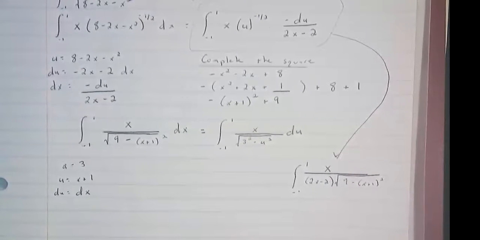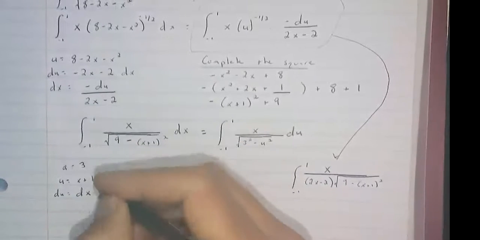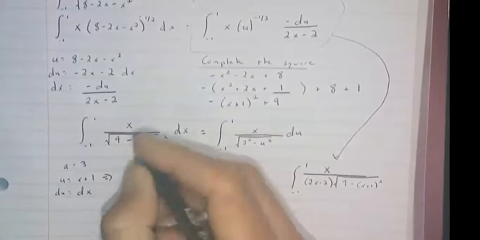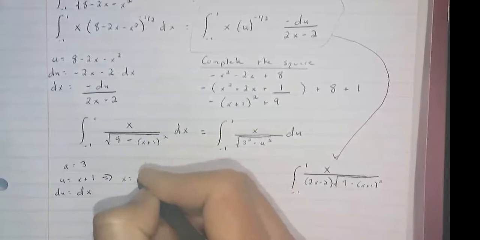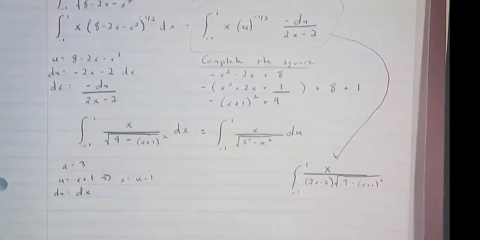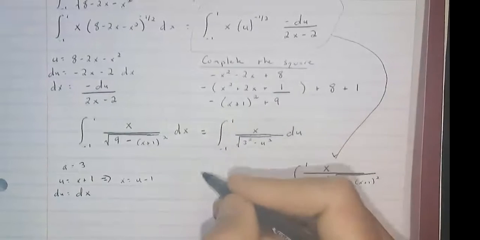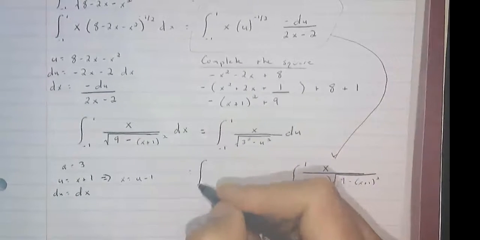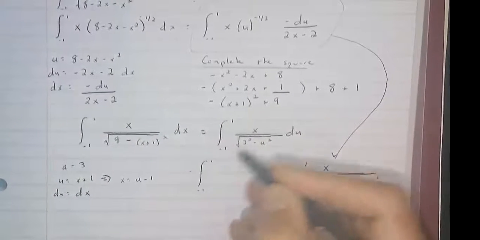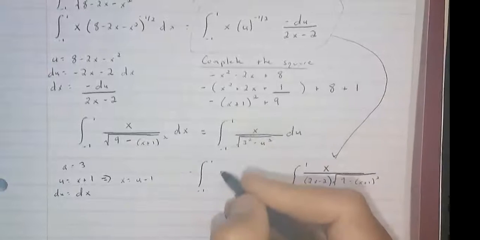Oh, that might be our answer. So maybe turning this into x is equal to u minus 1. Yeah. Does that help us? I don't know if it does. I think that just shifts the problem into a problem with u.